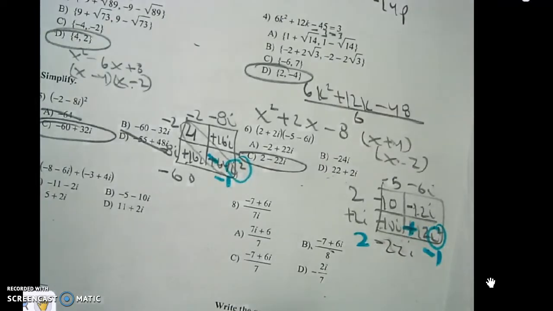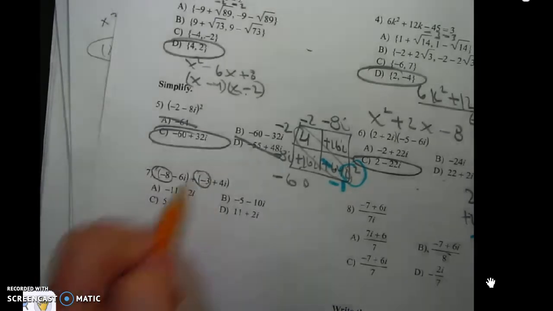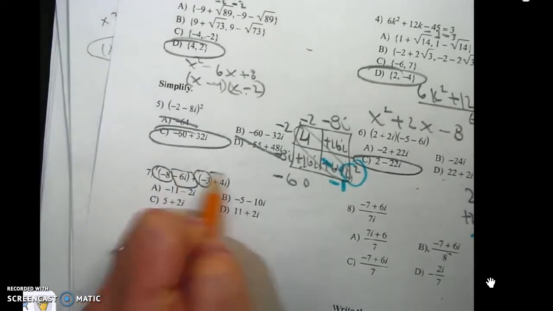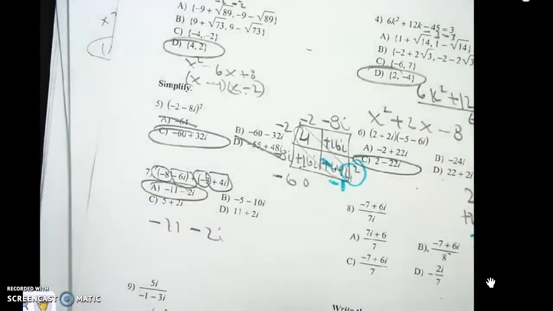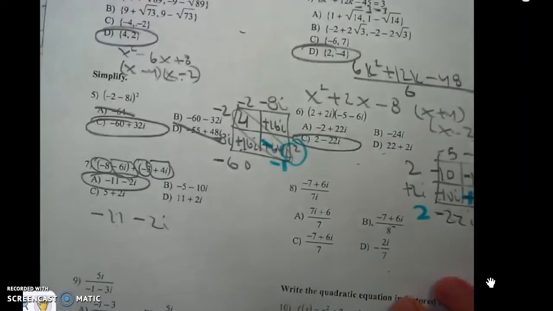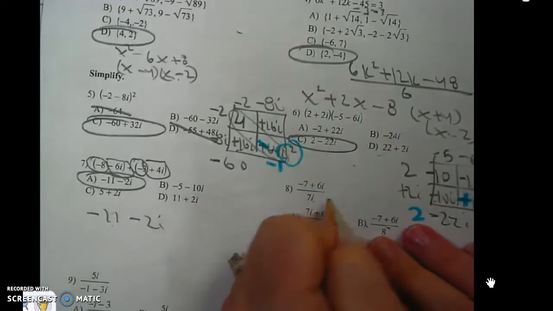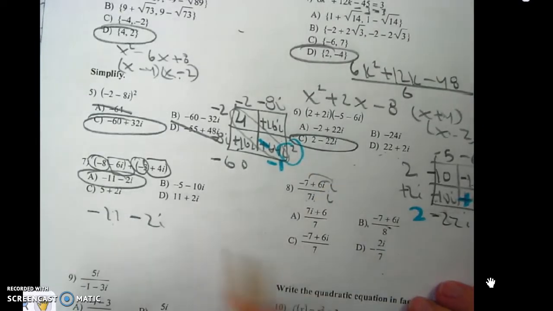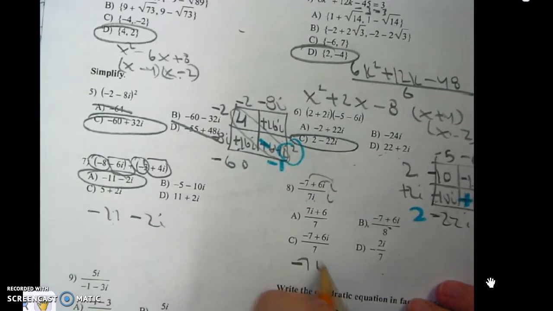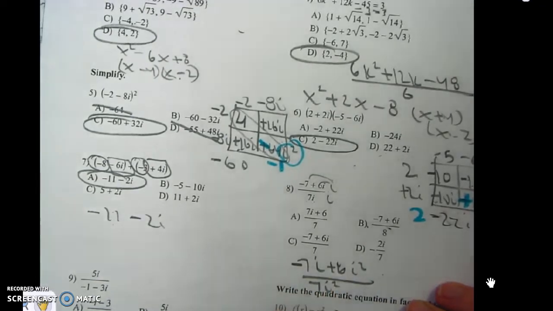Okay. Number 7, this is as simple as adding. Negative 8 and negative 3 is negative 11. Negative 6 and positive 4 is negative 2i, A. Okay. The reason this one isn't okay, the 7's fine, but the i is the issue. So multiply the top and the bottom by i. Distribute, distribute. Negative 7i plus 6i squared over 7i squared.